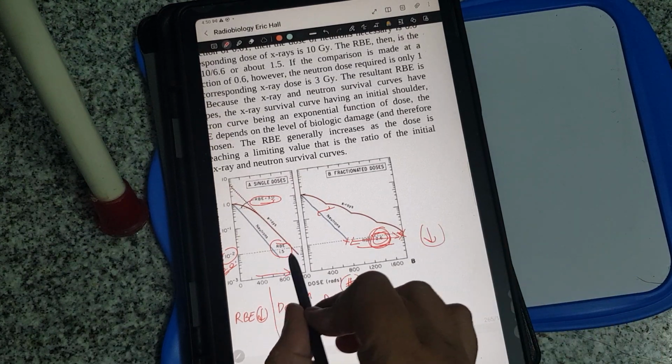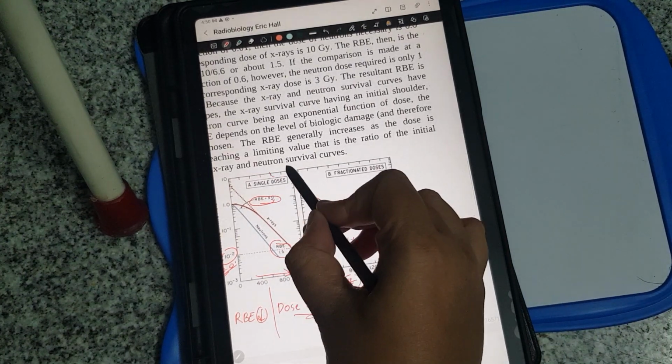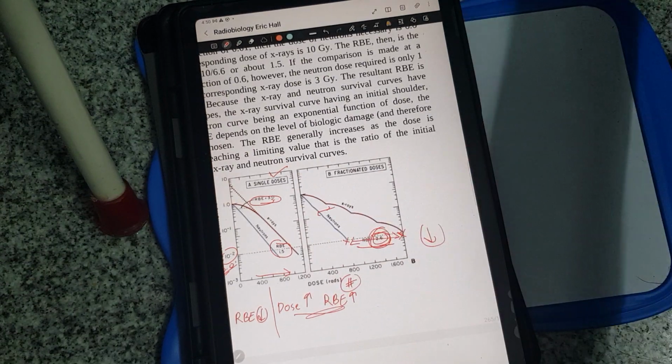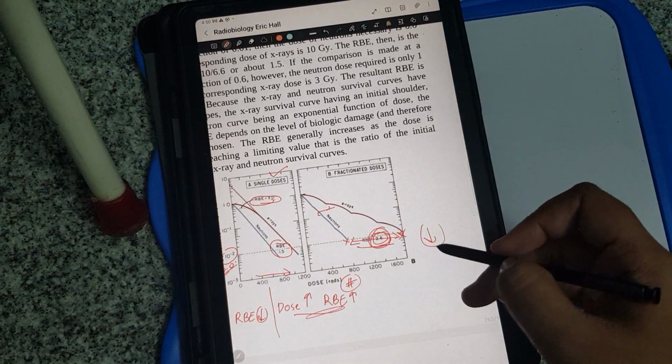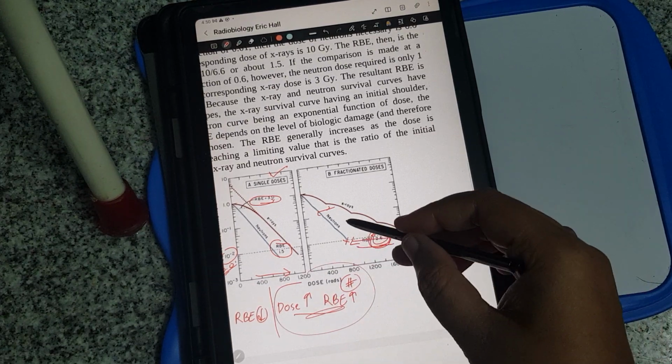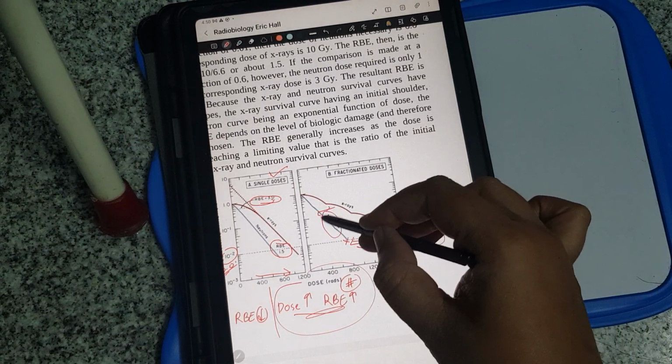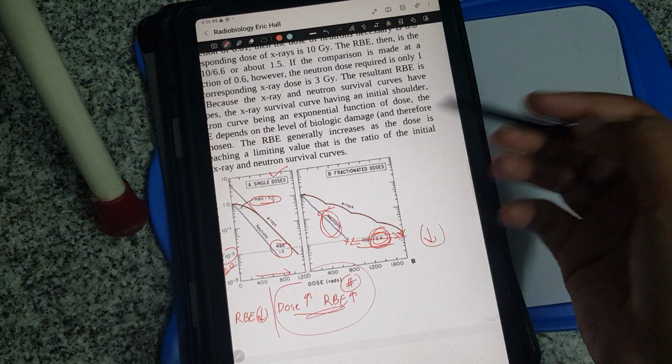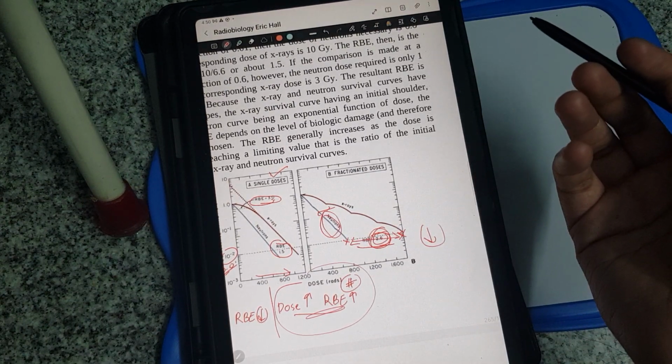Here in one fraction there is more dose, that is why it is a single dose, right? Here in one fraction the dose is less, and if you increase the number of fractions, the RBE will increase. So basically with fractionated doses, neutrons are progressively more efficient. That's what we are trying to say.